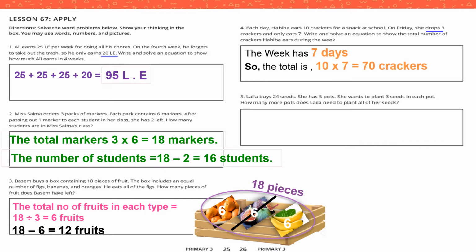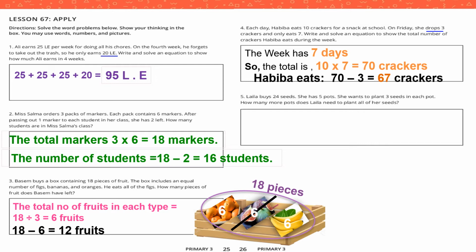The week has 7 days. We want to know the total number of crackers Habiba ate during the week. And we know that a week has 7 days. So the total will be 10 times 7 equals 70. But don't forget, she dropped 3. So we will subtract 3 from 70.